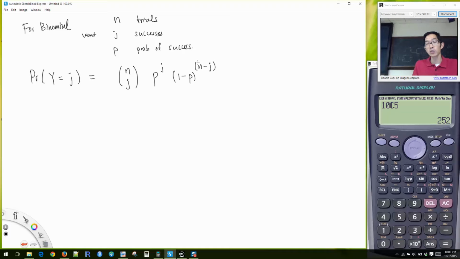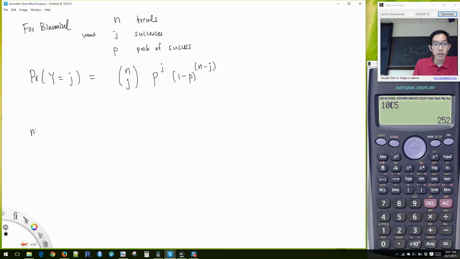Okay, so you can use this formula to answer questions like, if Kobe Bryant takes 10 free throws, what's the probability he makes 8 of them, assuming he has a 90% chance every time he takes a free throw, or something like that.